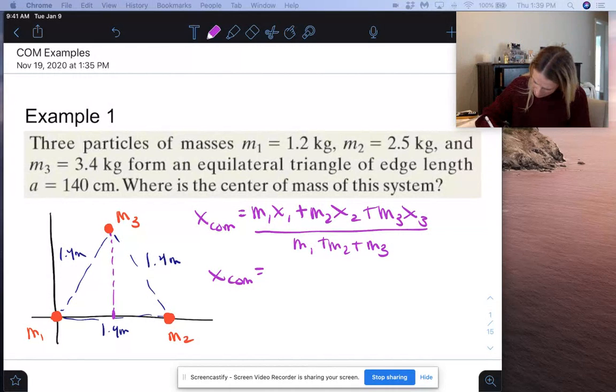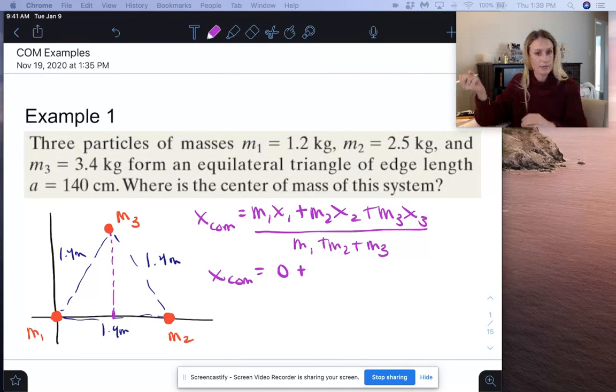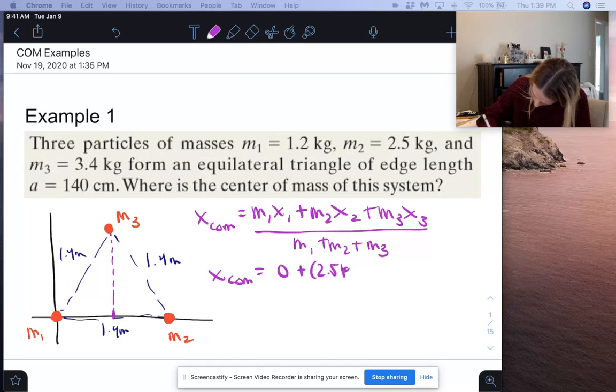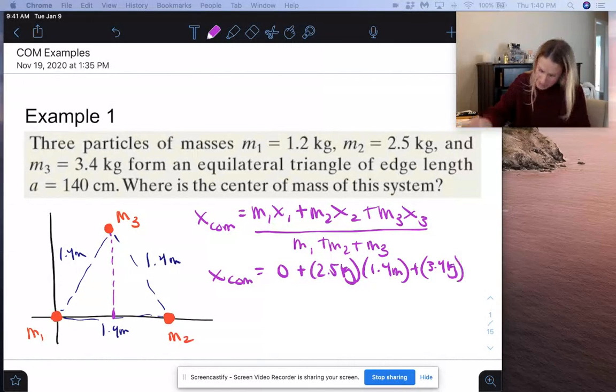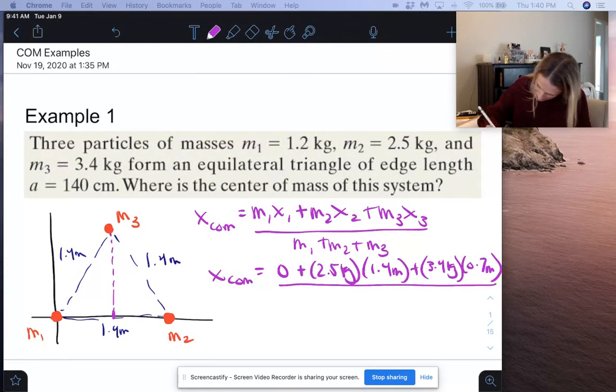So I get 0 for that first term. And then mass 2 is 2.5 kilograms, and our x coordinate for mass 2 is 1.4 meters. Plus mass 3, which is 3.4 kilograms, times the x coordinate for mass 3, and that is 0.7 meters, or 70 centimeters, all divided by the total mass, 1.2 plus 2.5 plus 3.4.